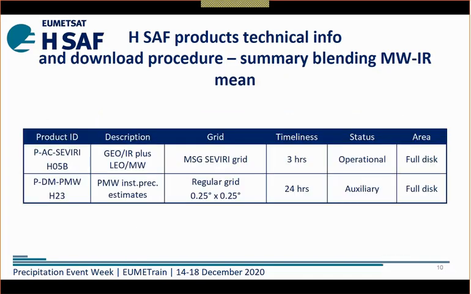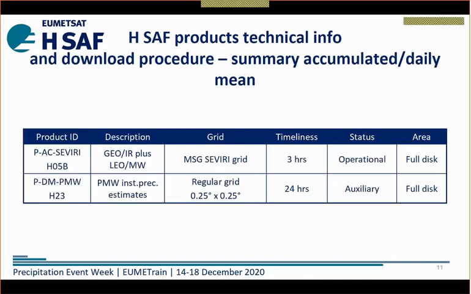The third category of product is the one which considers the total precipitation, both in accumulated values or daily mean values. Now, in this list of products, we have the H5B and H23. Both of them are working continuously.